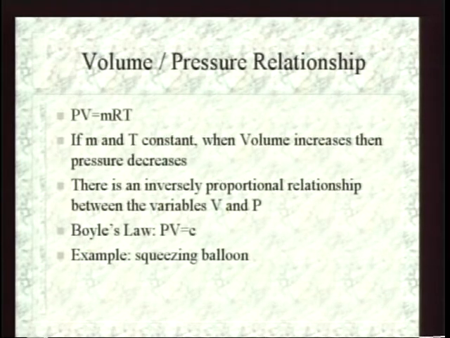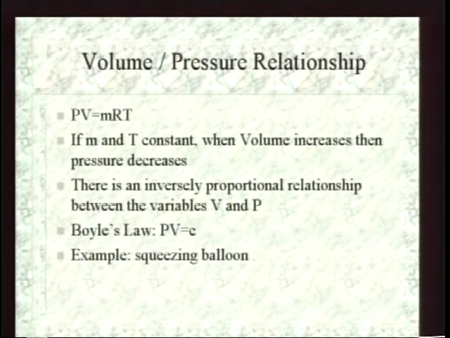The next relationship that we'll look at is the volume-pressure relationship. In this relationship, it's not proportional. It's actually going to be inversely proportional. We're going to hold the mass and the temperature constant this time. When the volume increases, then the pressure decreases.